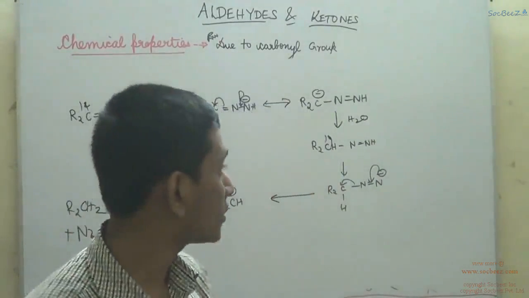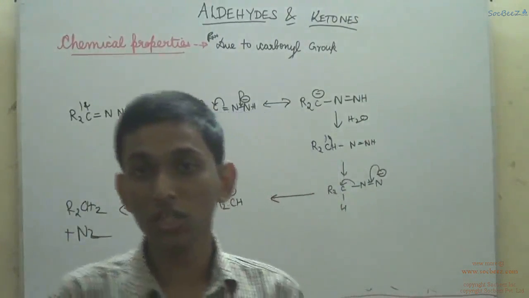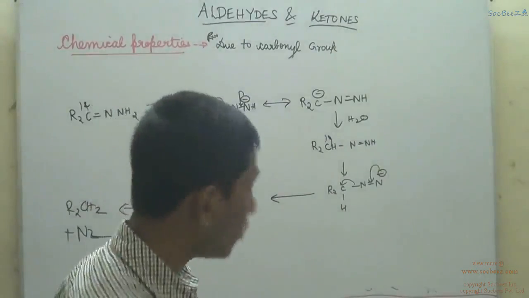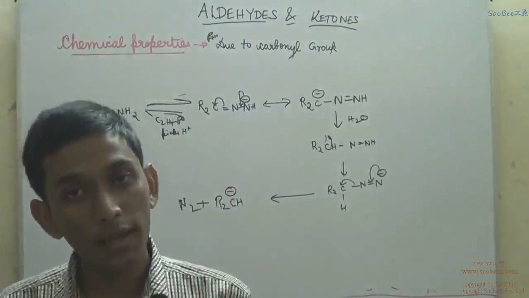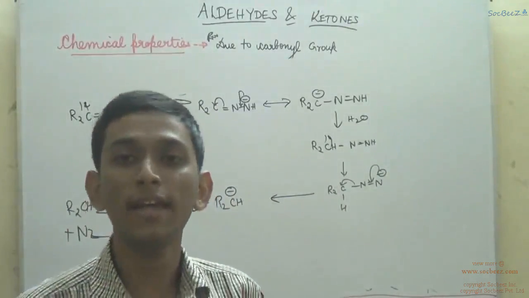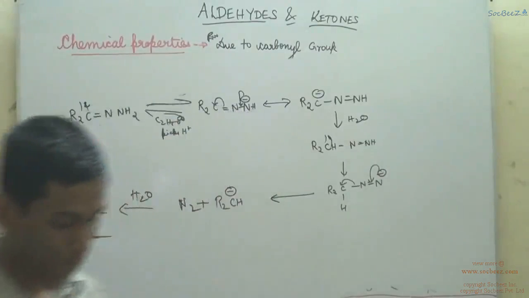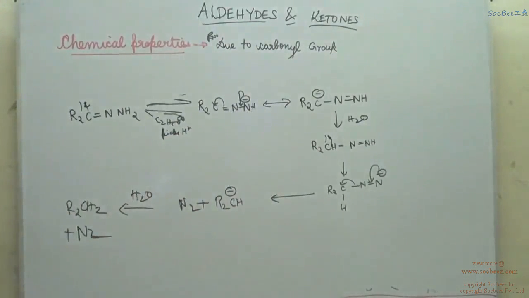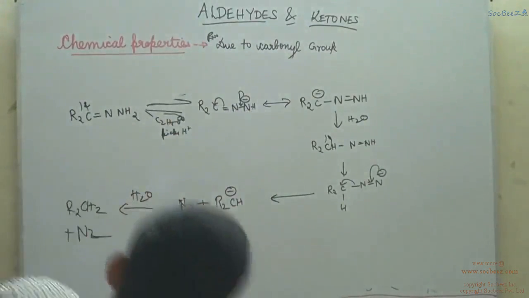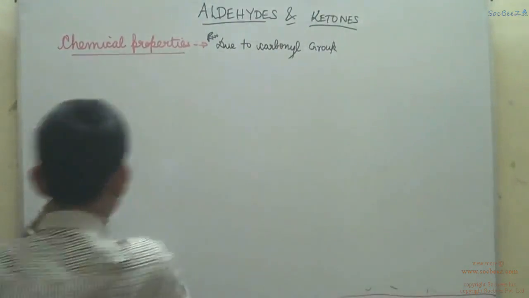So catalytic reduction by hydrogen, Wolff-Kishner reduction and Clemmensen reduction will reduce both your olefinic group and the C double bond O group, that is the carbonyl group, in the case of alpha beta unsaturated compounds. So those were two main reactions of reduction.